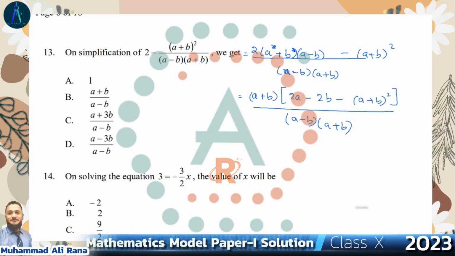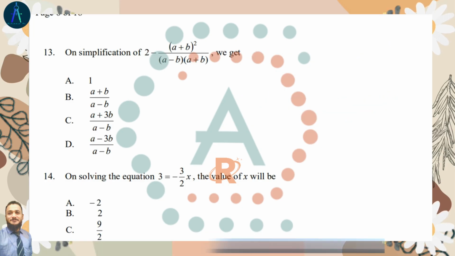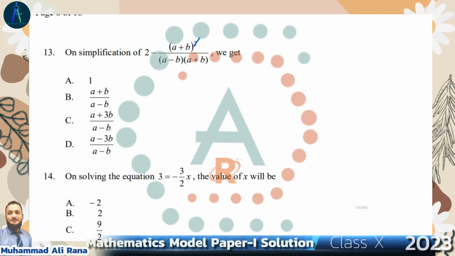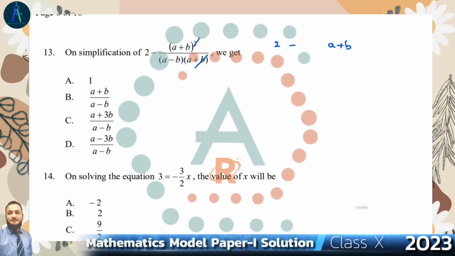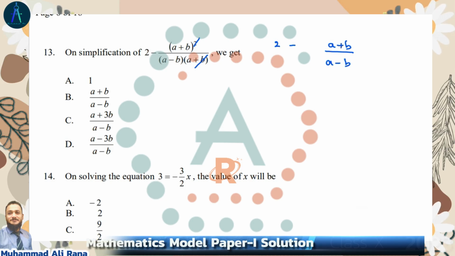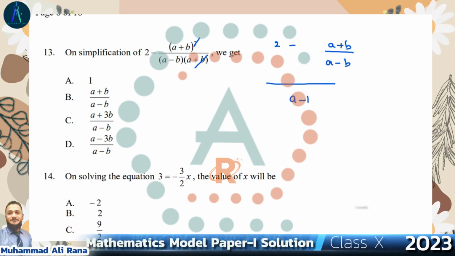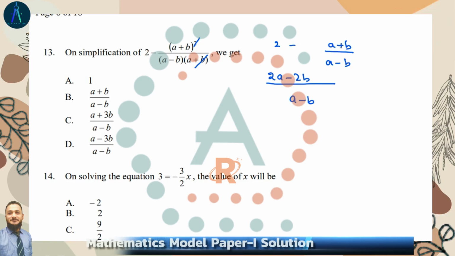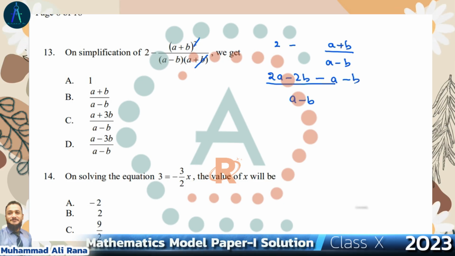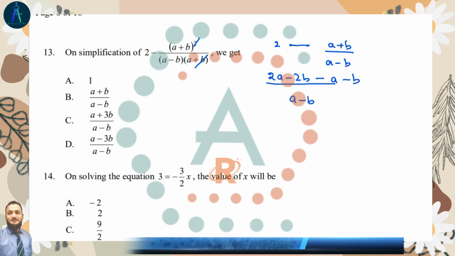Okay, so let's make it more simple. a plus b whole square और this a plus b इसे आप यहीं पे cancel out कर देते हैं, तो हमारे पास expression form हो जाएगा 2 minus a plus b divided by a minus b. Now we can take LCM as a minus b और numerator हमारे पास हो जाता है कुछ इस तरह से, that 2a minus 2b minus a minus b. तो हमने a minus b को 2 से multiply किया है, then is negative side को a plus b से भी multiply किया है.